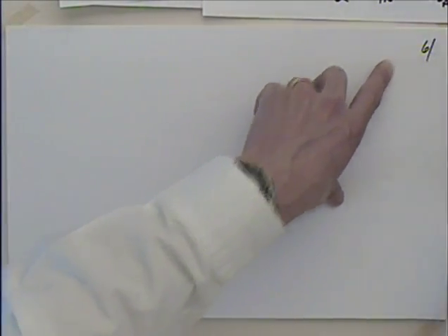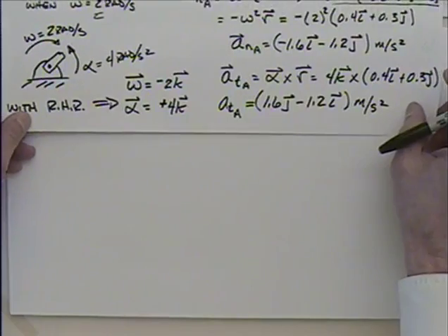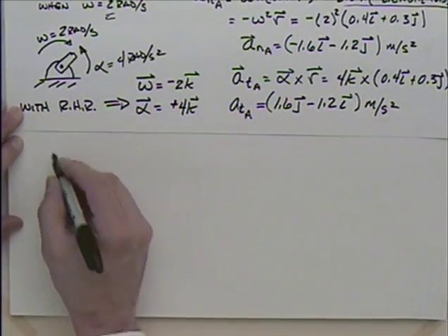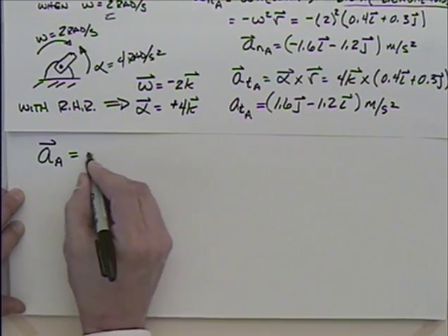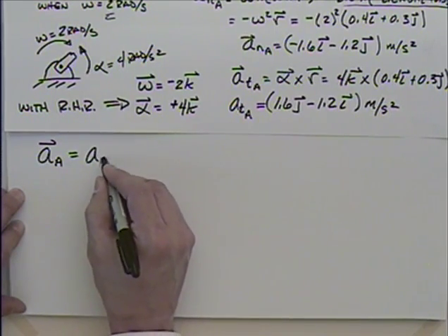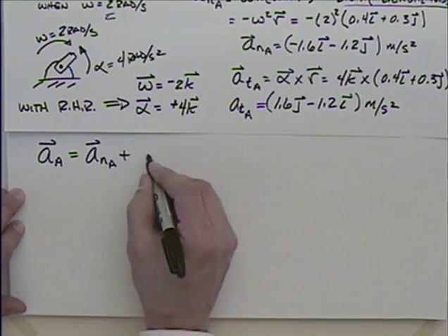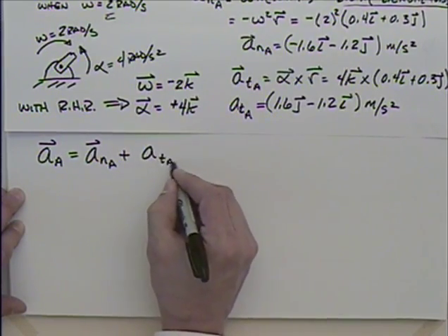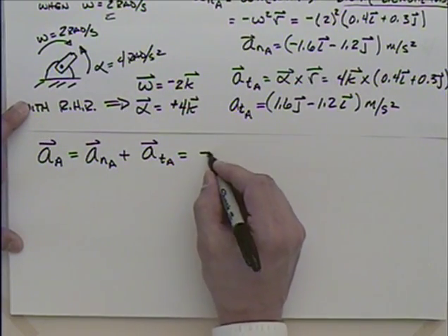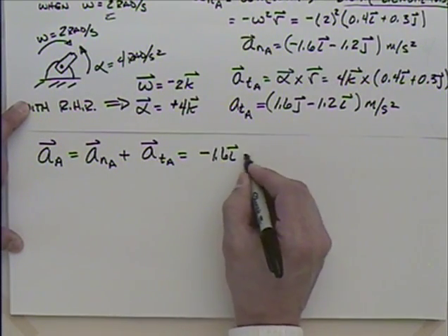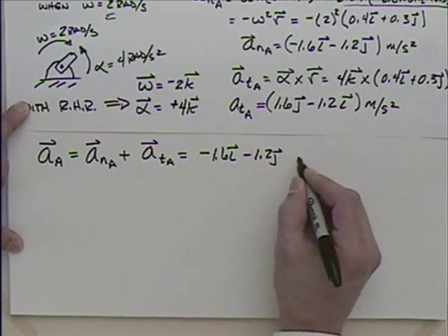So let me finish this up. So we can say that the acceleration of A is going to be the acceleration in the normal direction for A plus the acceleration in the tangential direction for A, right? Which is going to be, there's the normal, minus 1.6 in the i direction, minus 1.2 in the j direction.